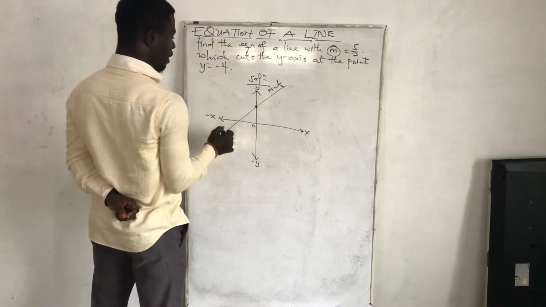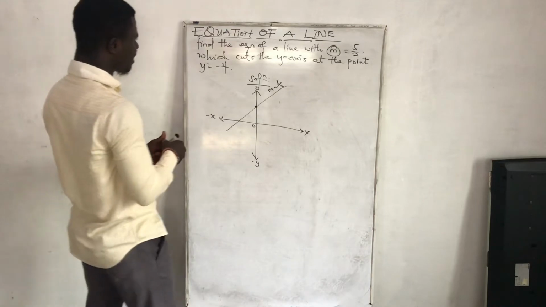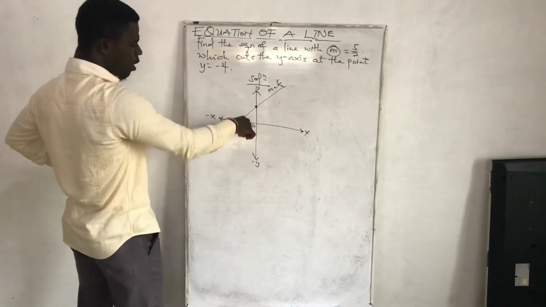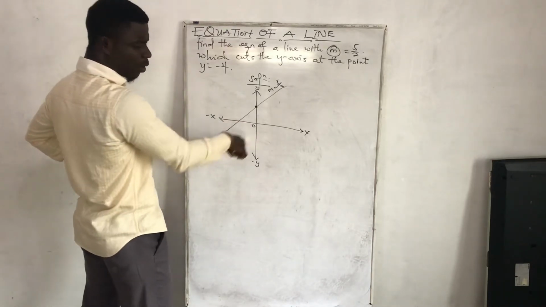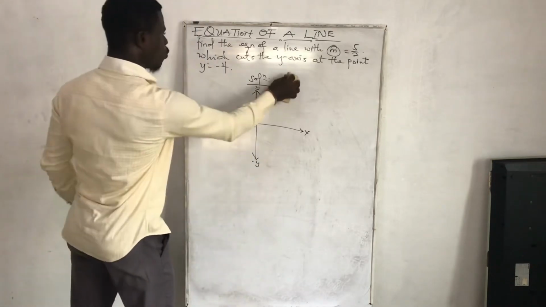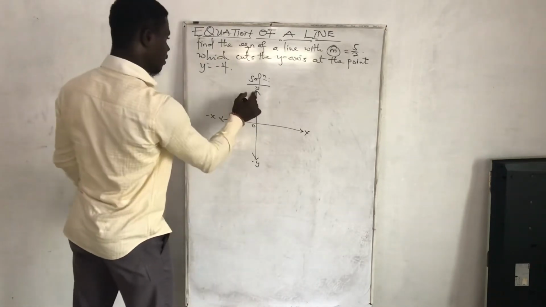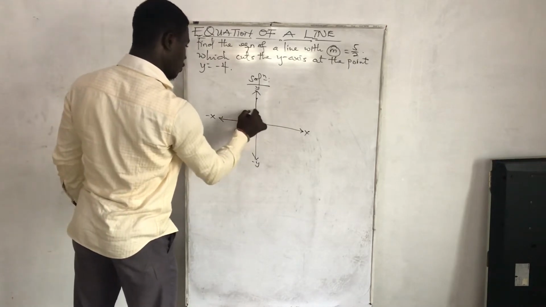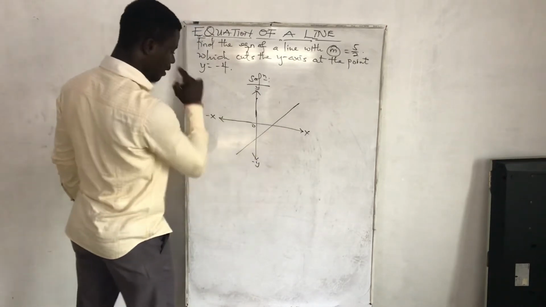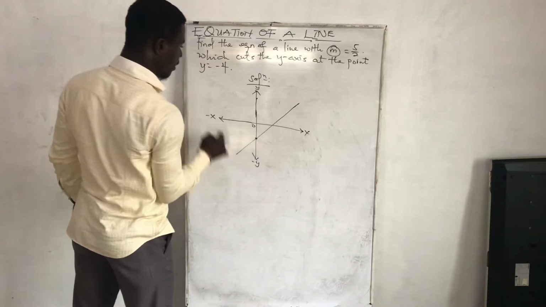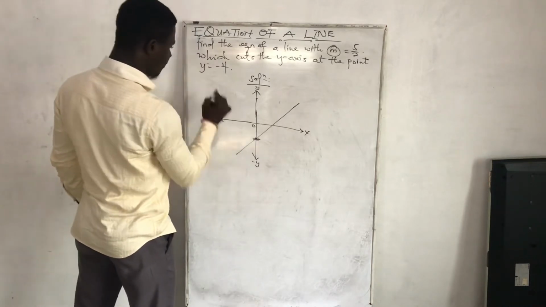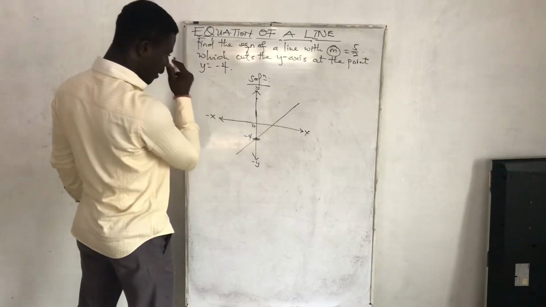Now, they are saying that it cuts the y-axis at y equals -4. Then it must be at the negative y-axis. So not here. Here is the positive x-axis. So this one is not drawn to scale. So I can get something like that. So I get the -4 somewhere here. Okay.